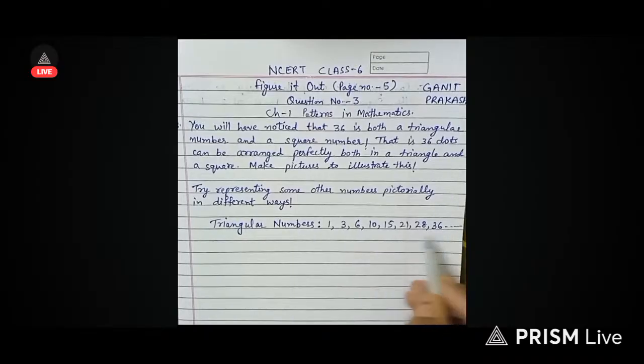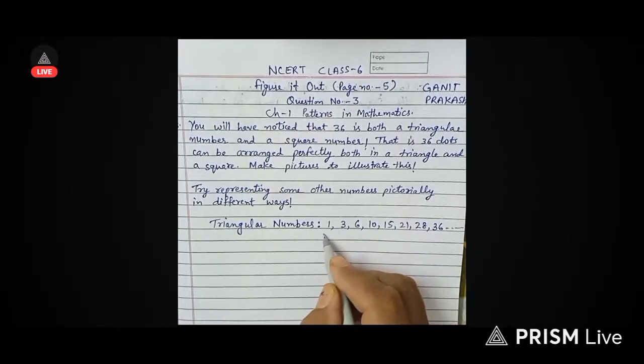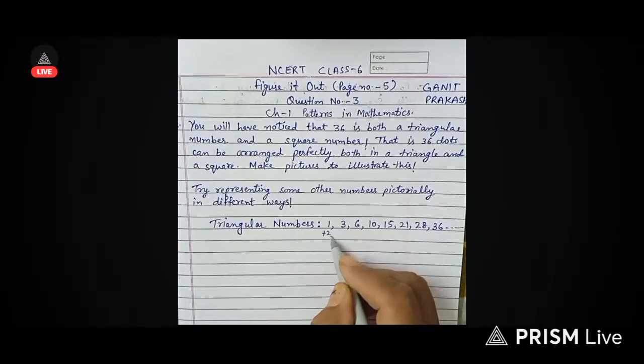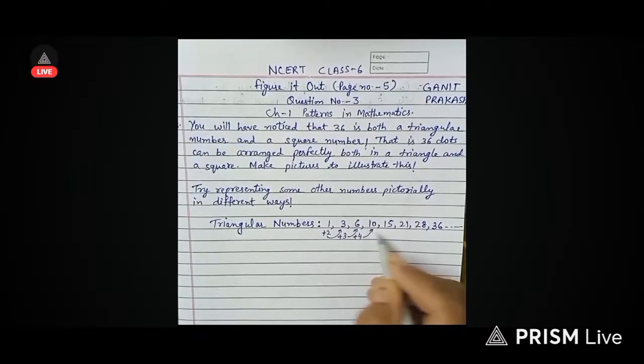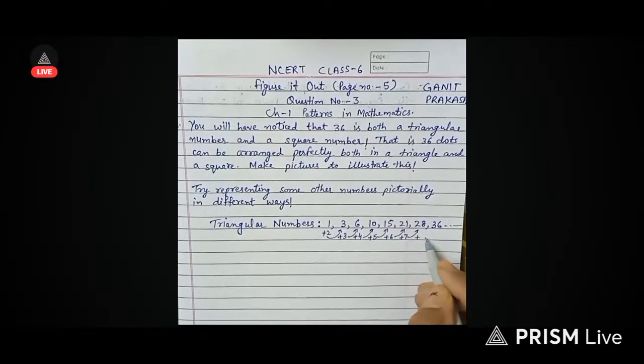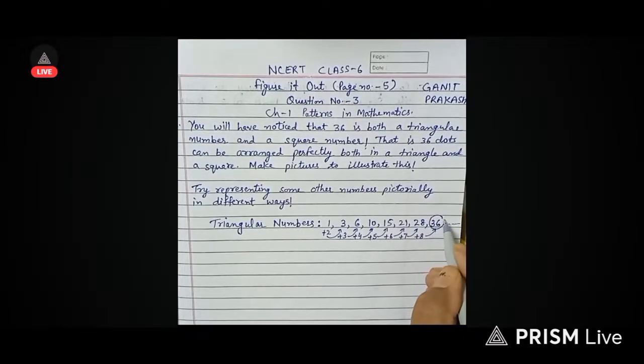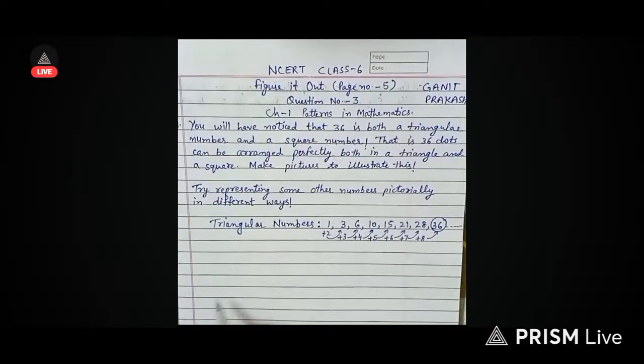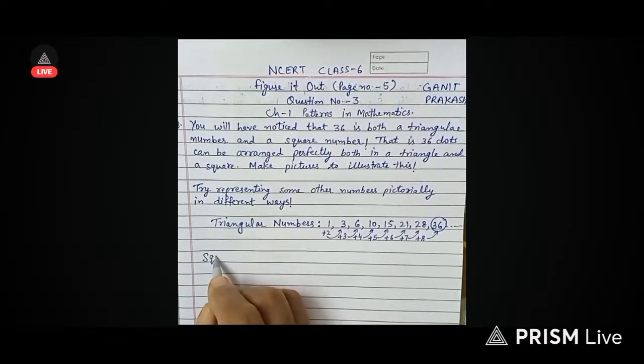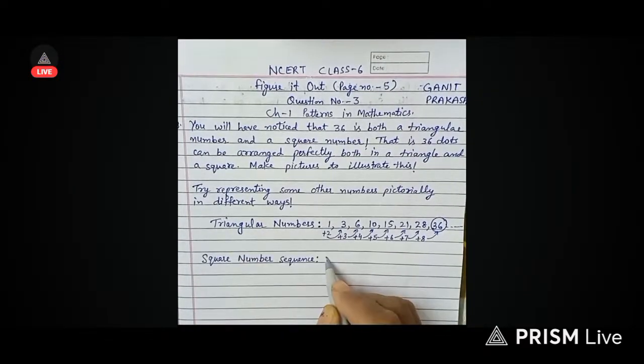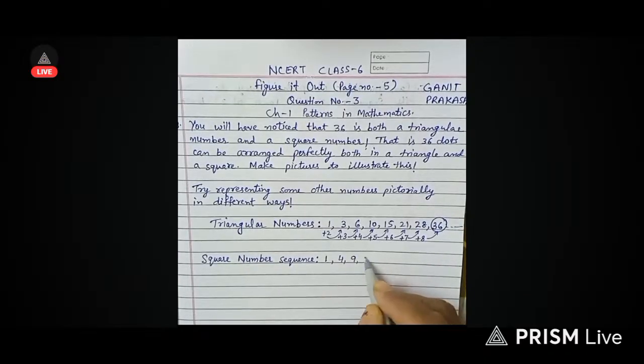And we all know that we get these numbers by adding the consecutive counting numbers. 1 plus 2 we get 3, 3 plus 3 we get 6, 6 plus 4 we get 10, then 15, 21, 28, and 28 plus 8 is 36. So here 36 is a triangular number.